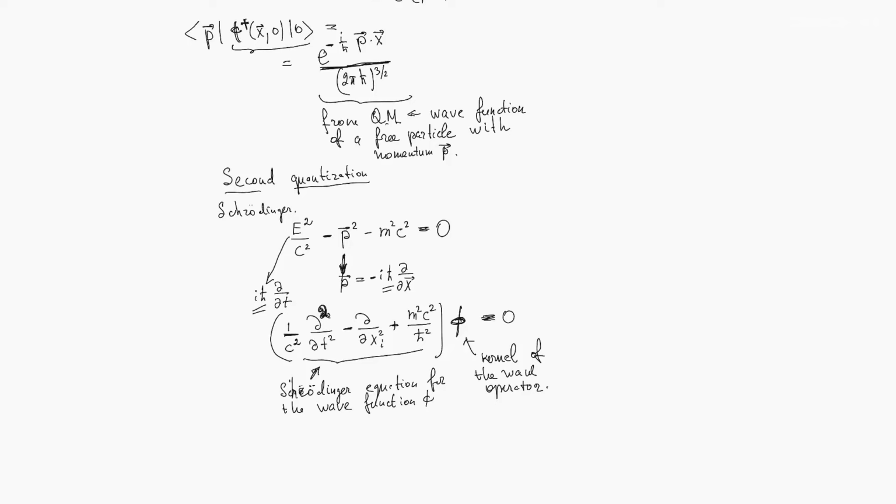Since they are rotated into each other by means of Lorentz transformations, the second derivatives in the space directions are accompanied by second time derivatives in the time direction. So this is a relativistic version of the usual non-relativistic Schrödinger equation, and this is an equation which defines the wave function phi.